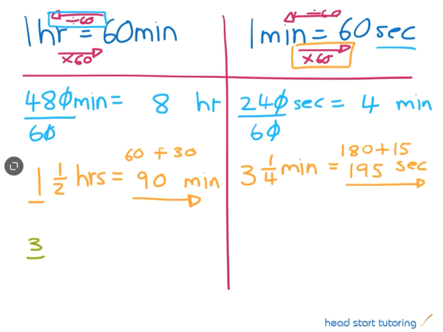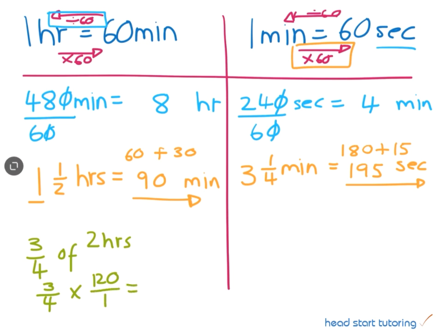If I would like to work out 3/4 of 2 hours, all I need to do is convert those 2 hours into minutes. So 3/4 of, or times, 2 times 60, which is equal to 120 over 1.